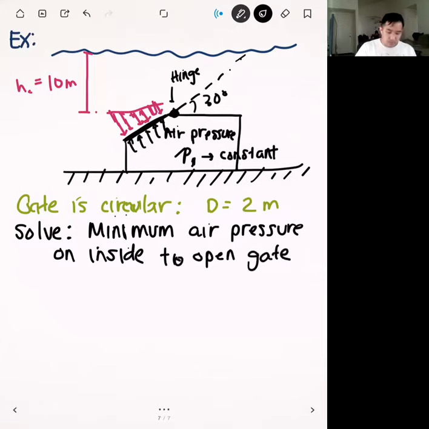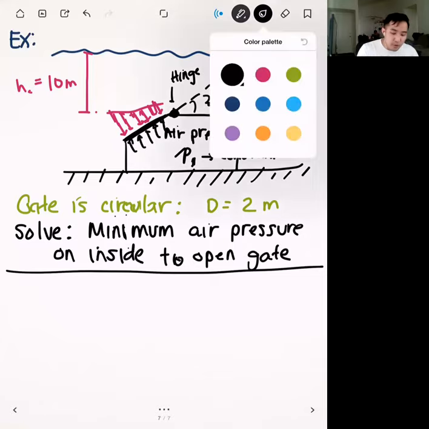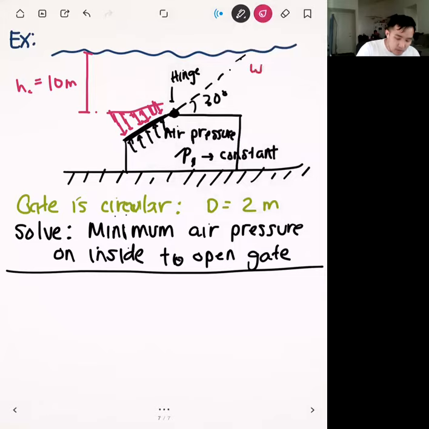So you can see obviously this is a hydrostatic force on a surface, and so let's go about solving it. Just like we talked about before, the first thing that we have to do is take the fluid that's on the outside, which is water. We'll assume the water has a density of 1,000 kilograms per meter cubed. And first we're going to compute the magnitude and the location of the water pressure force.